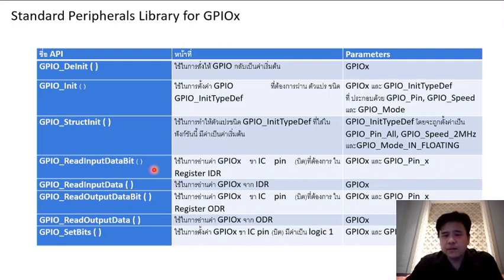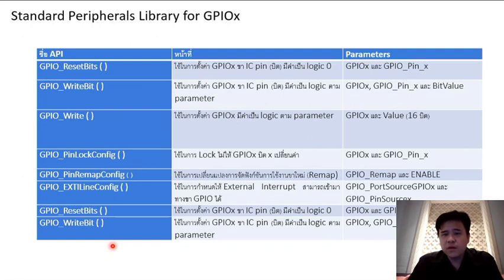Okay, what else? We have GPIO_SetBits, and this one will change the logic of those IC pins to 1, because set means 1 in the digital world. So how about reset? Reset does something different. They just change, by using these functions, the values from whatever they were into logic zeros for that specific GPIO pin.